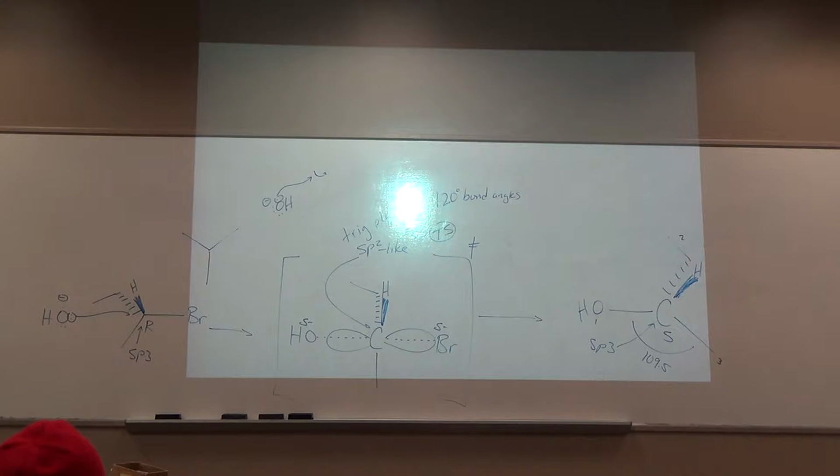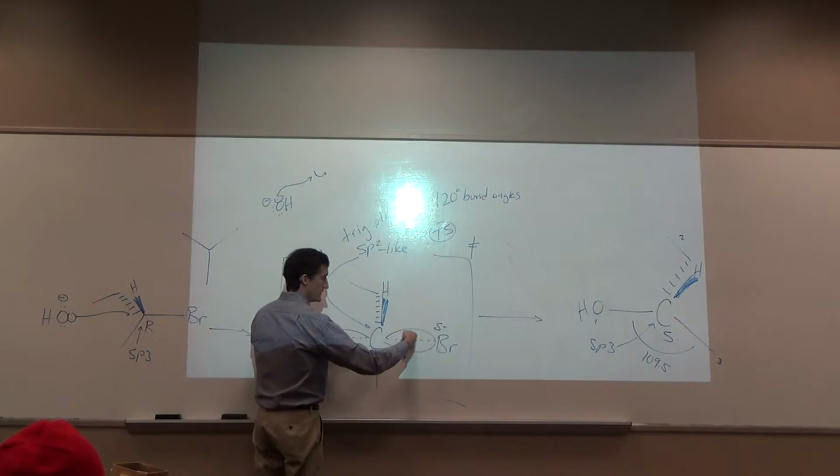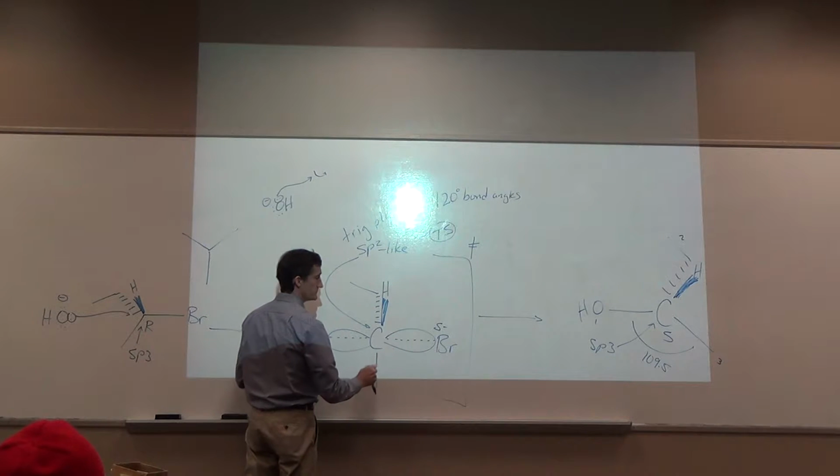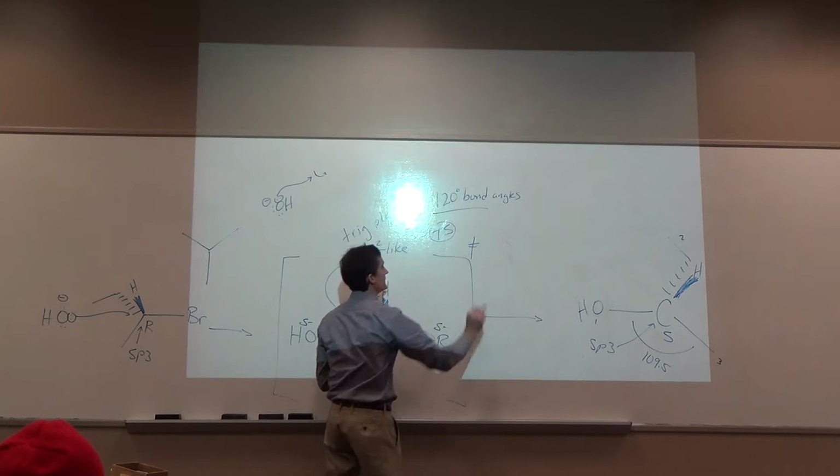The carbon in the middle is trigonal planar with a p orbital, sp2 with a p orbital. This here is almost like a p orbital. It's sp2 like. Bond angles, 120 degrees.